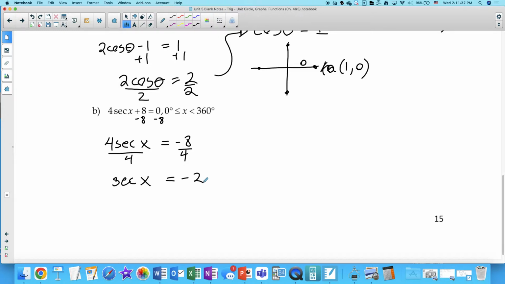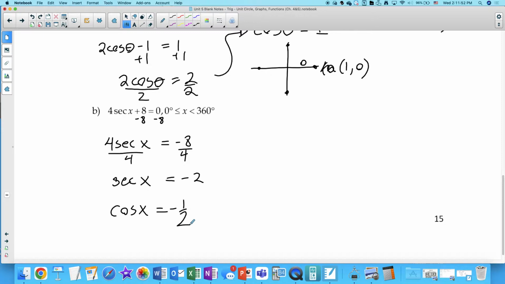Yeah, right? So now we want to start thinking about writing this in terms of cosine. So the secant of an angle and the cosine of an angle, those trig ratios will be reciprocals of one another. So if secant x is negative 2, cosine x equals negative 1/2.